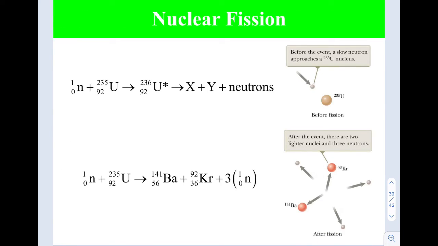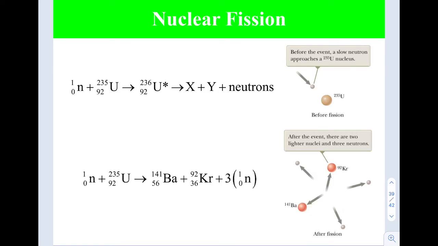In nuclear reactions, we have two kinds. First, nuclear fission, where the mother or parent nucleus is split into 2 daughters. Fission can be considered as separation.